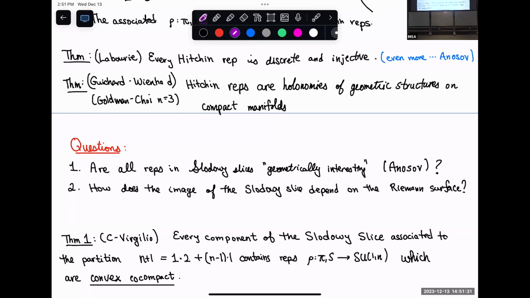In rank 1, this is being Anosov. So every component of this very specific Slodowy slice contains these Anosov, or let's just say convex cocompact, representations.